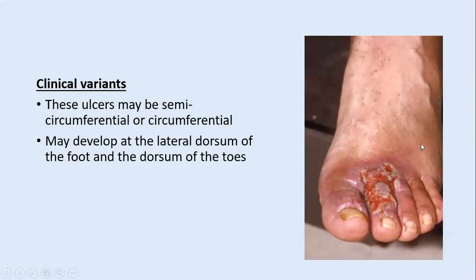The clinical variants include semi-circumferential or circumferential ulcers and ulcers that develop at the lateral dorsum of the foot and dorsum of the toes, because the usual site is the medial side, which is the greater saphenous vein area.